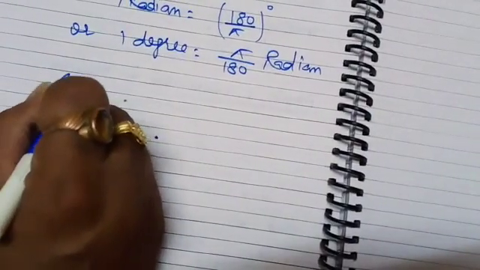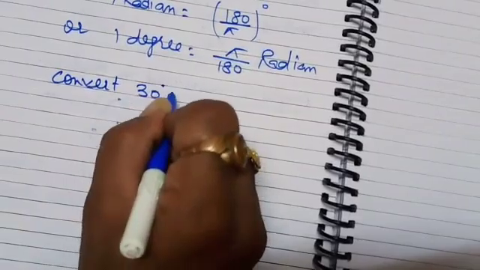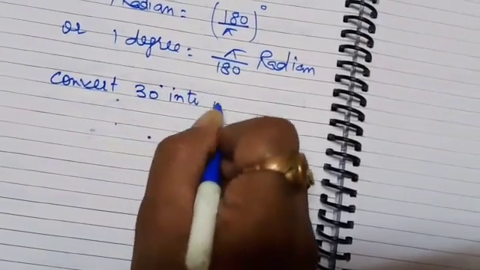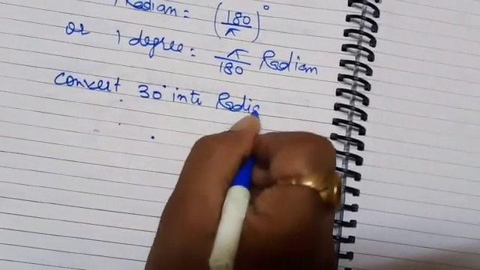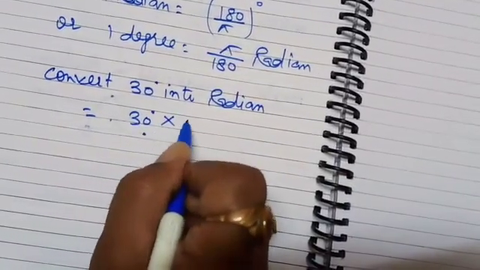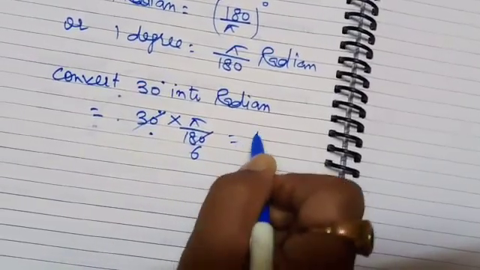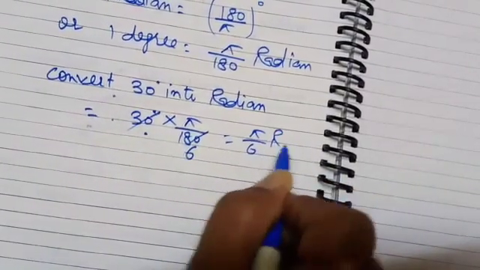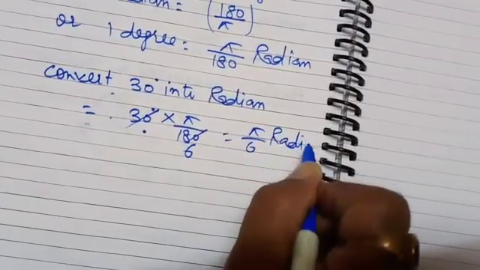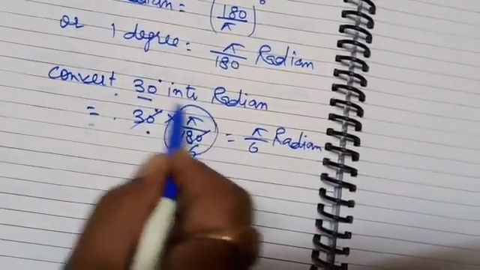Suppose we convert 30 degrees into radians. We multiply 30 degrees by pi by 180. So 30 over 180 gives pi by 6 radians. So when you need to convert degrees into radians, multiply by pi by 180.